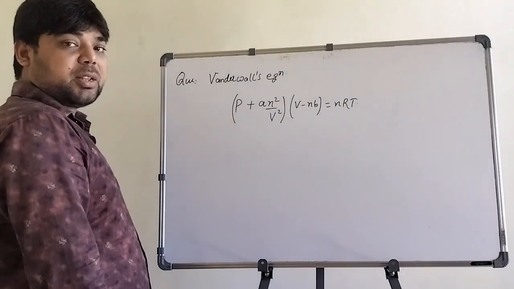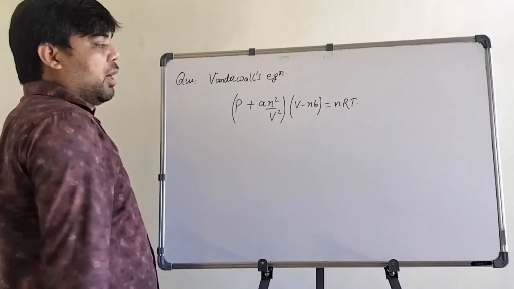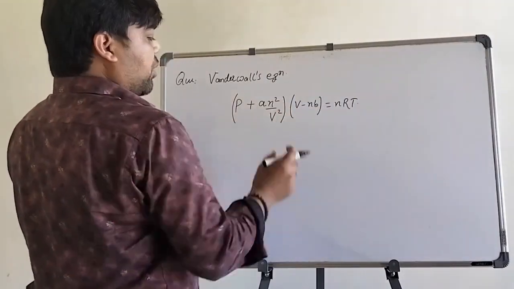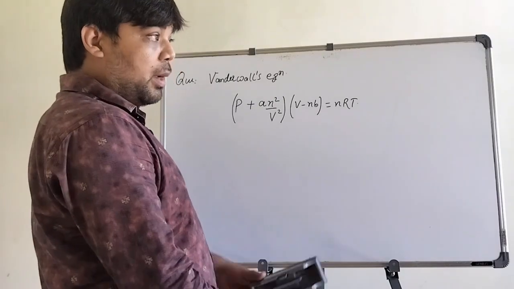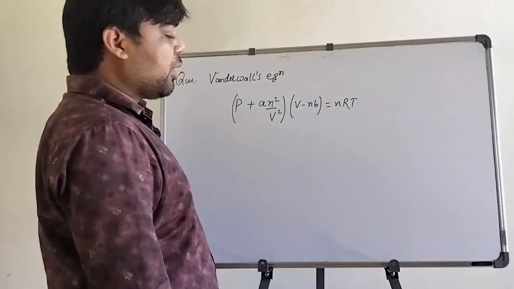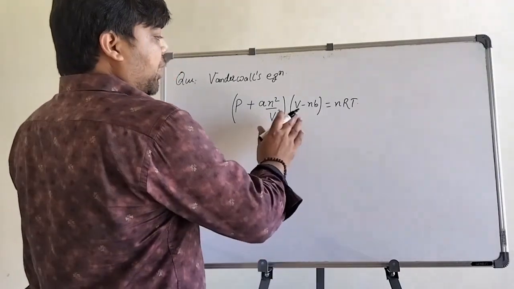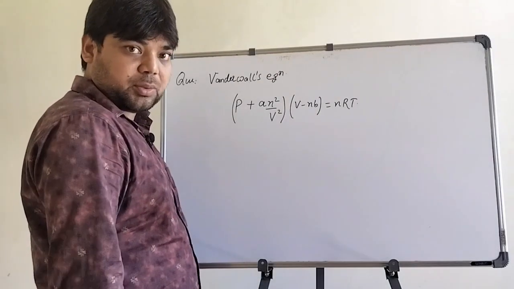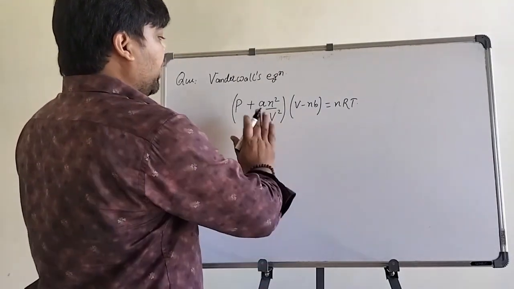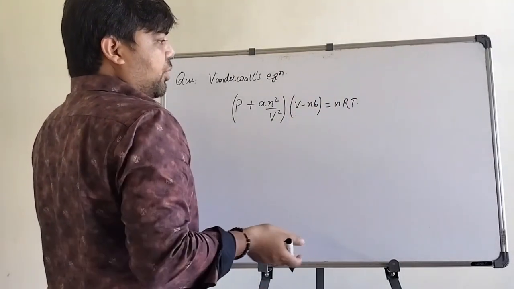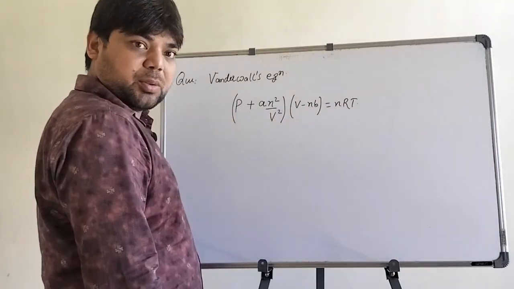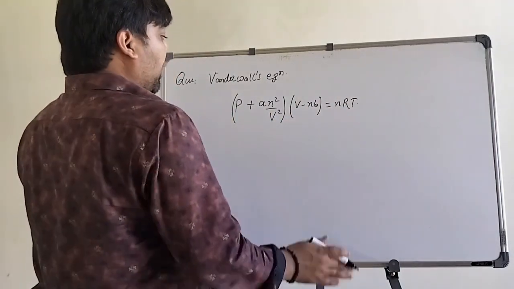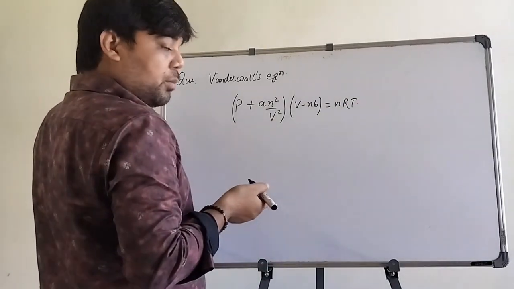So PV equals nRT is the ideal gas equation, and this part, a n square by V square and minus nb, is called the van der Waals correction in ideal gases to make them more realistic. So this is a more realistic model, right? There are some other models which came later, but this is the more frequently used model, what we call the van der Waals equation of state, right?